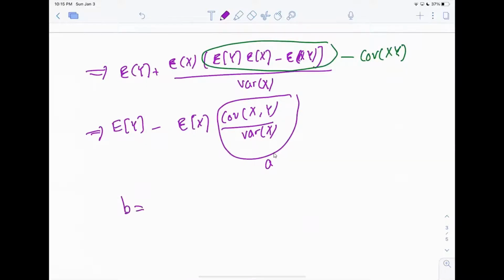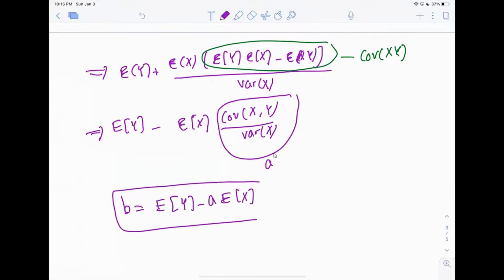Therefore, b optimal is expected value of y minus a times expected value of x. Done. These are the optimal coefficients that we just found in a very nice fashion, a very good closed form solution. Okay, so we have b and a.